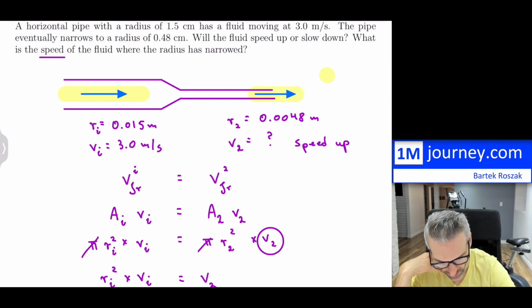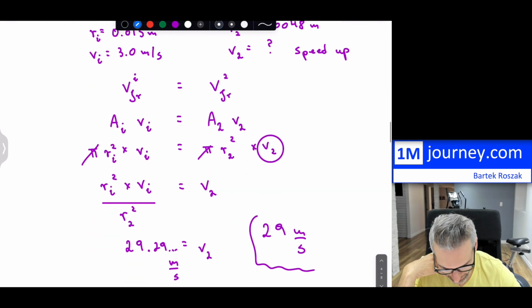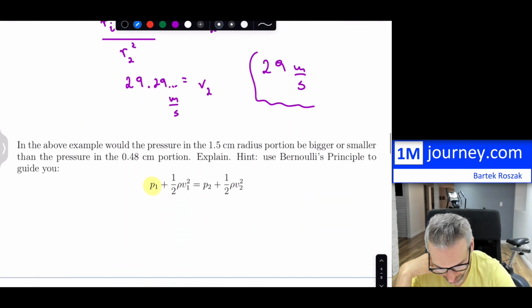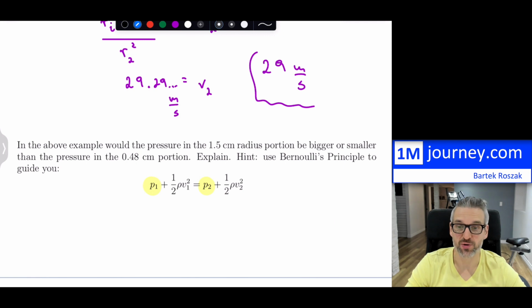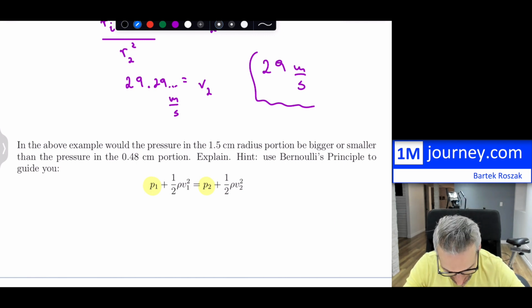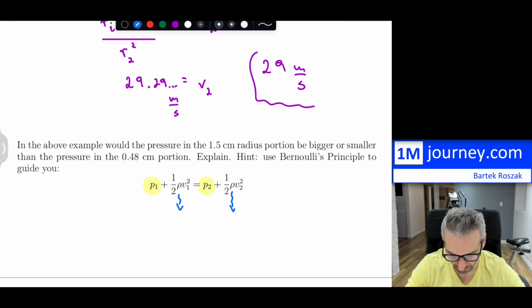What you notice is the following: no matter what the fluid is, the density won't change, so it's not going to have any impact. There's a half in front of that density, so that is constant.